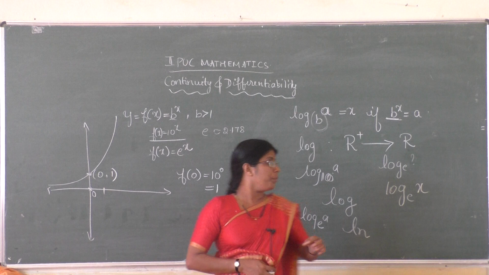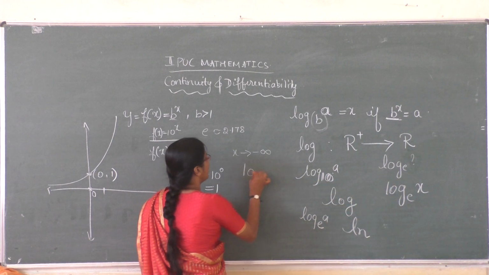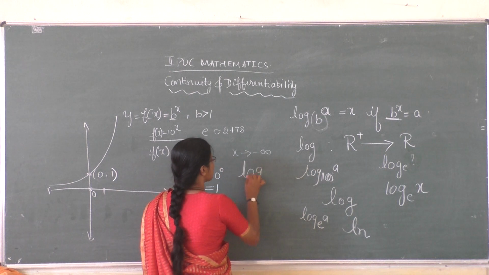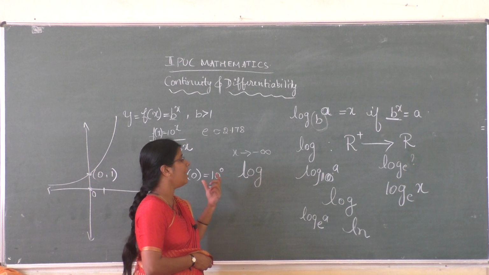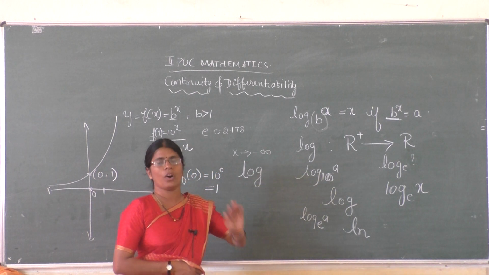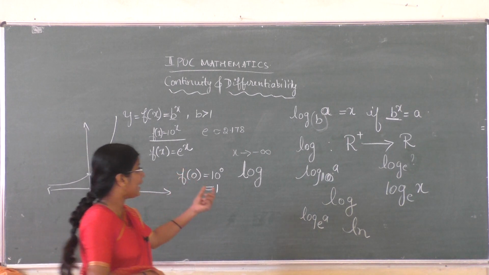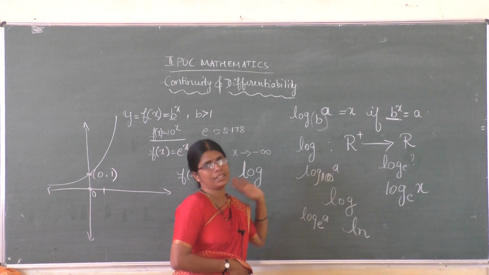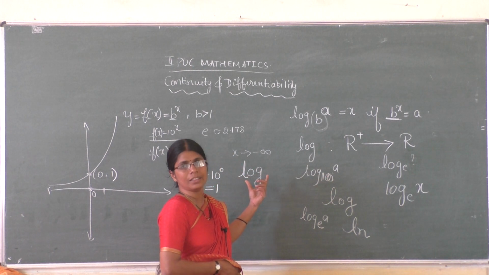So without writing the base, if you just write log, then it is natural logarithm. If the base is 10, or if we need any other base, we write that base. This is how we represent logarithm here.